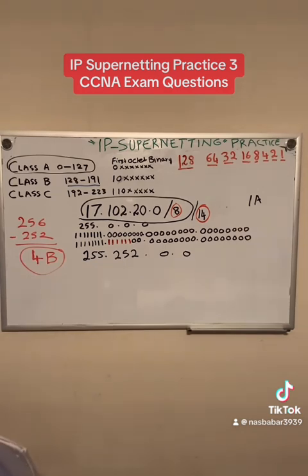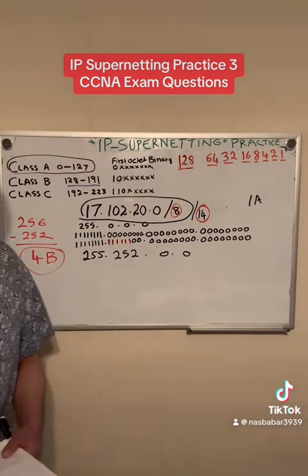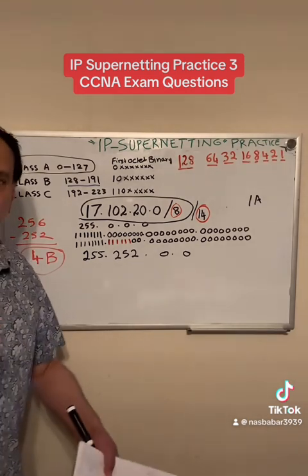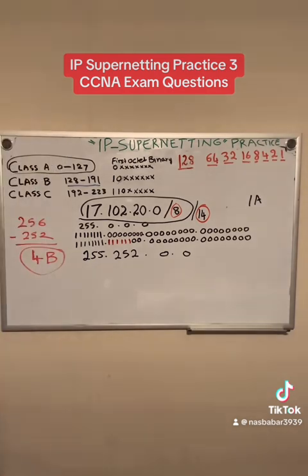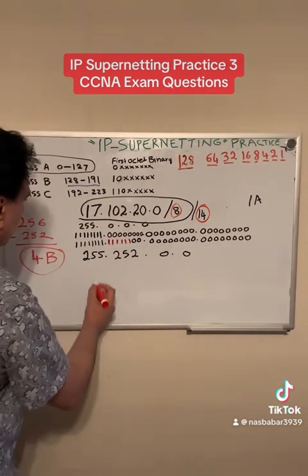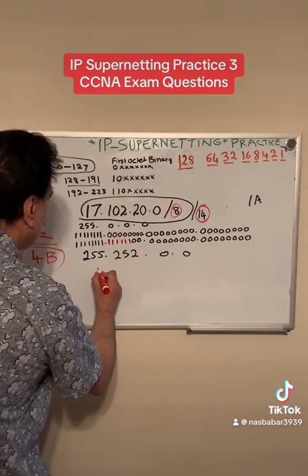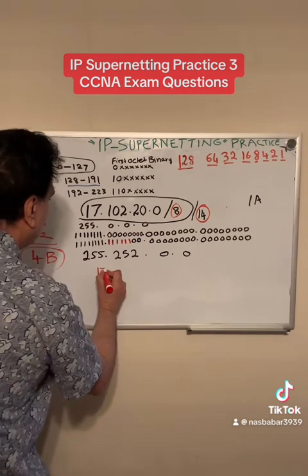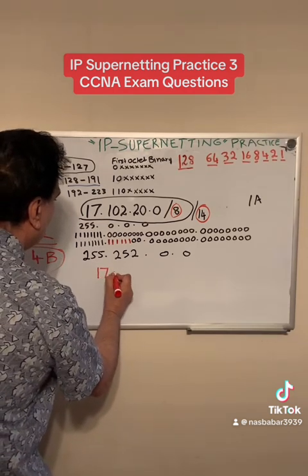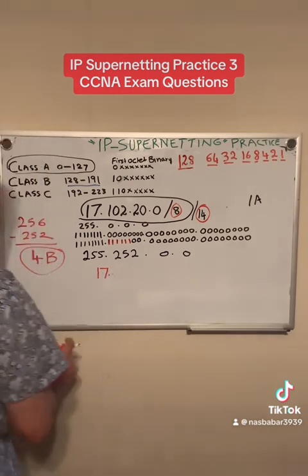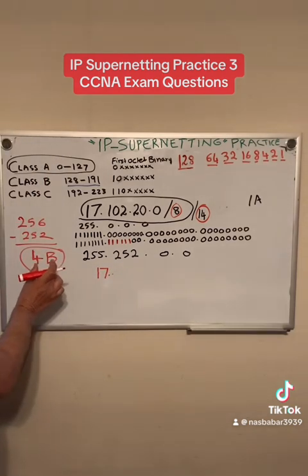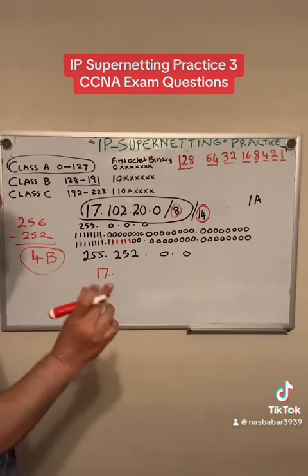Now let's see if we can find out the first IP in the network and the last IP, because that's an exam question. So we get started with 17 right here. Now you have to think about 4 supernets from this.